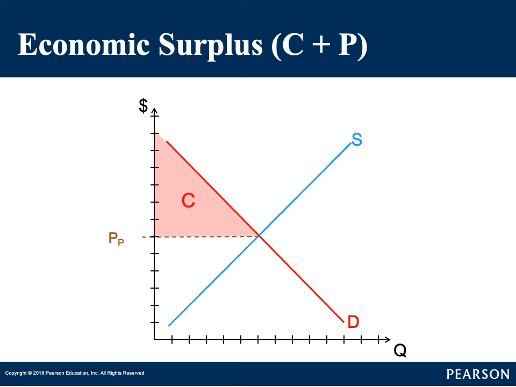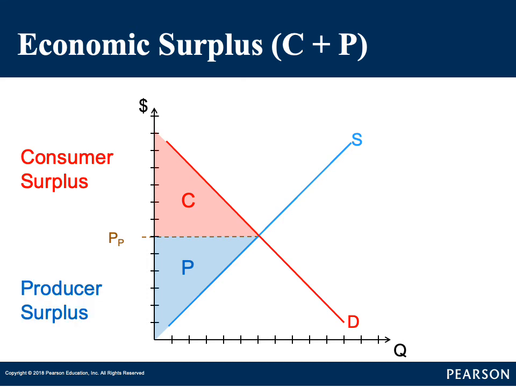At our equilibrium points, you can see this is along the demand curve and consumers' demand, so we're evaluating consumer surplus. This section through here is along the supply curve, so we're evaluating supply or producers, and that will tell us our producer surplus.